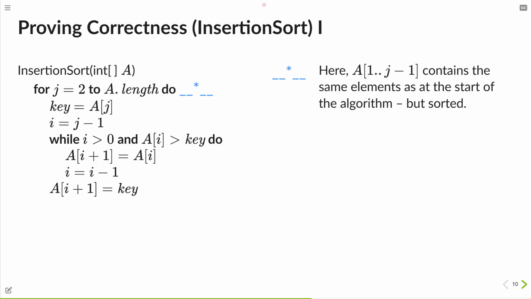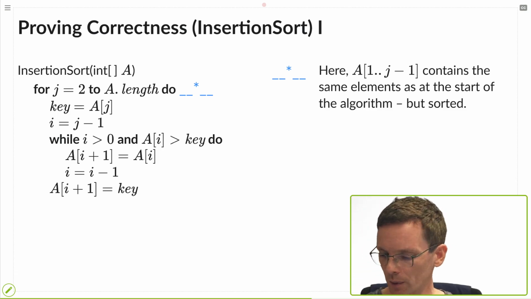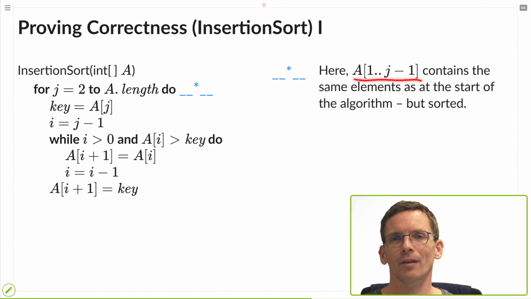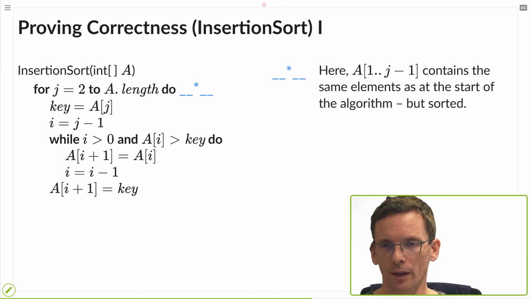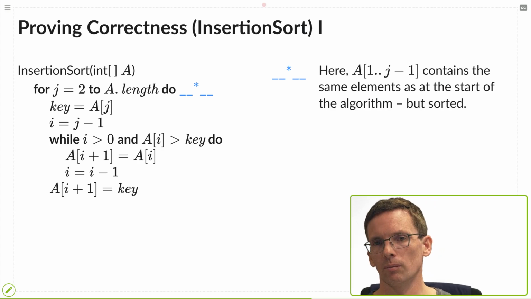As a loop invariant, I want to have that the array A[1 to j minus 1] at the beginning of iteration j contains the same elements as at the start of the algorithm, but now sorted.